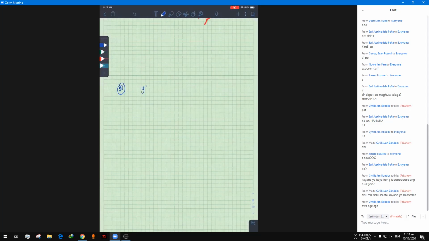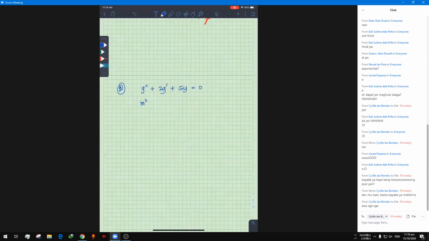What is ito yung second order? Y double prime plus 2y prime plus 5y is equals to 0. So, di ba ang sabi ko kanina, para ma-resolve yung ganito, yung second derivative, palitan mo lang ng M squared.